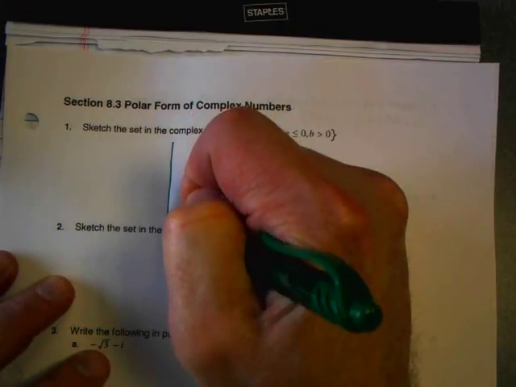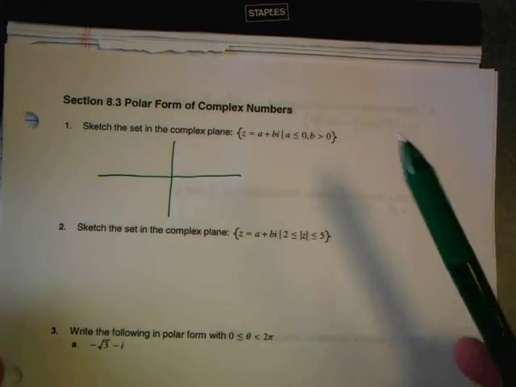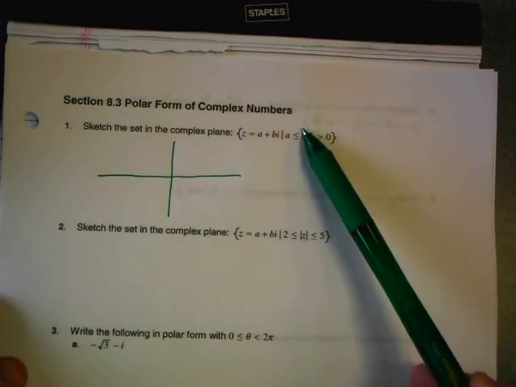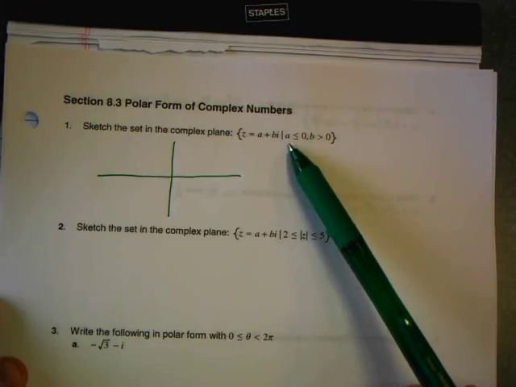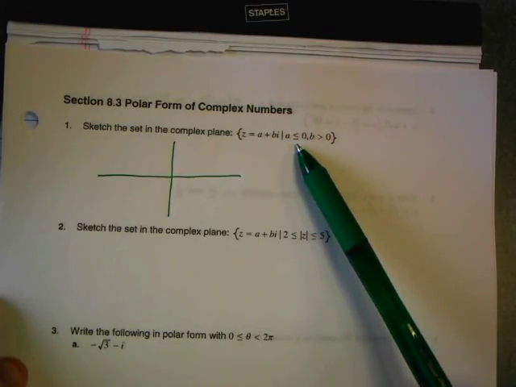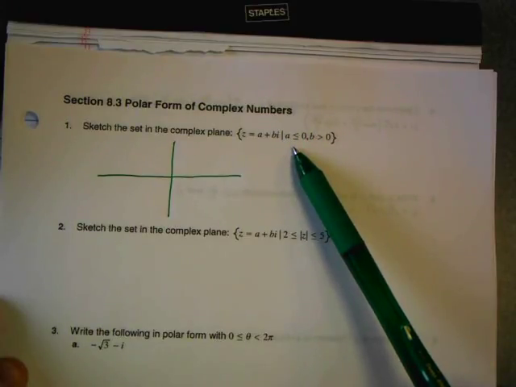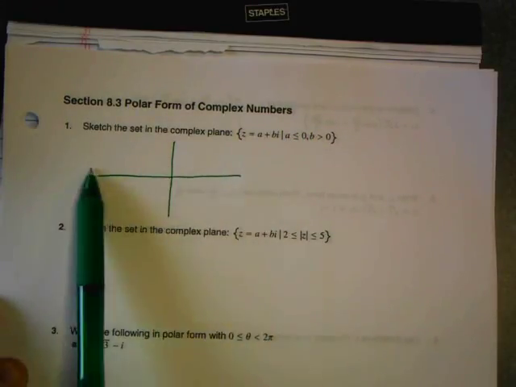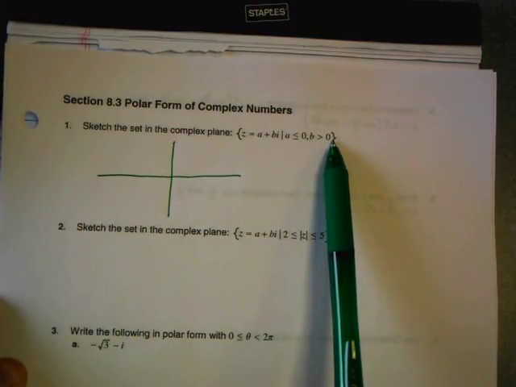All right, so here's my complex plane. What's it say about our complex numbers when I say a is less than or equal to 0? A is the real part. So where is a less than or equal to 0? Over here, right? And then b has to be a positive number.